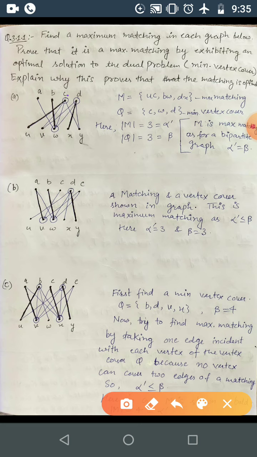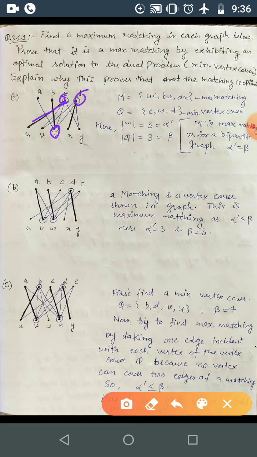Take all the vertices of the minimum vertex cover and take one edge incident with each vertex of the vertex cover, because one vertex cannot cover two edges of the matching. That's why there will be only one edge incident to every vertex.